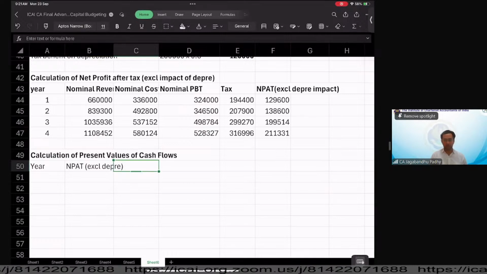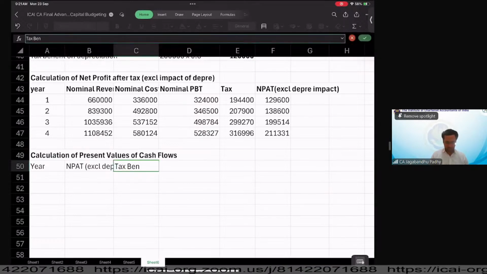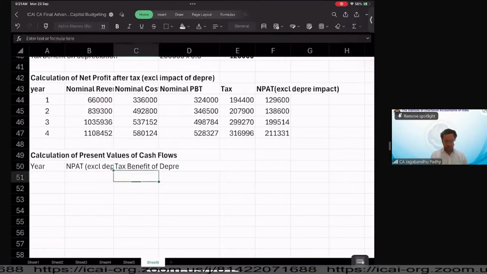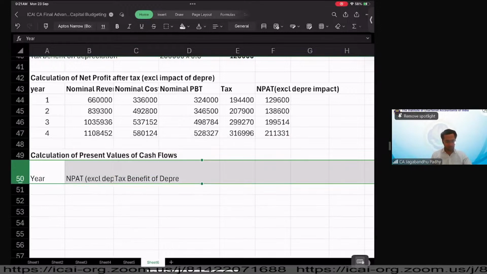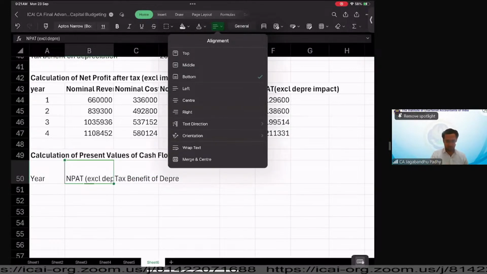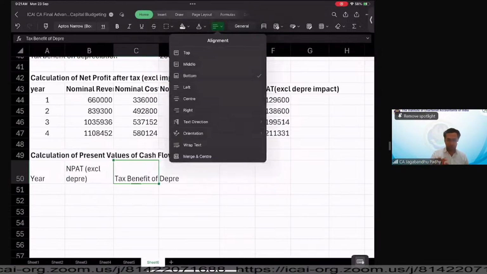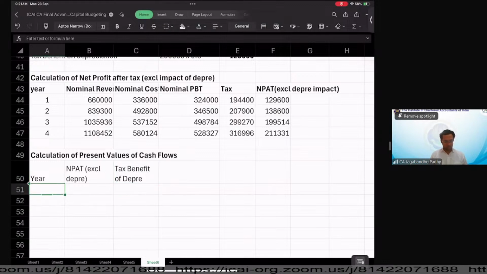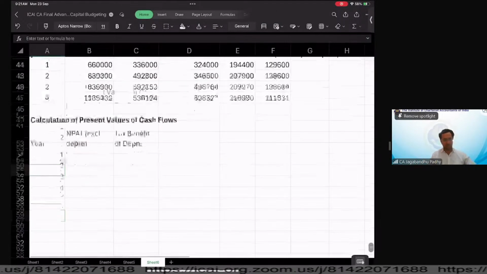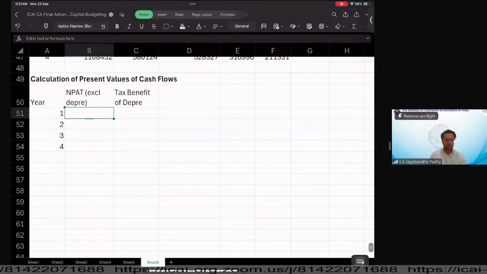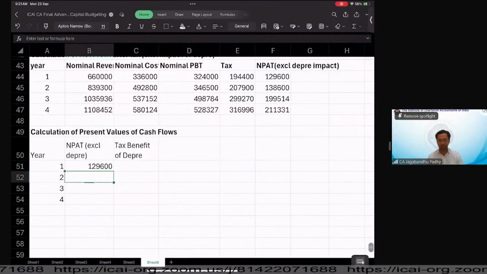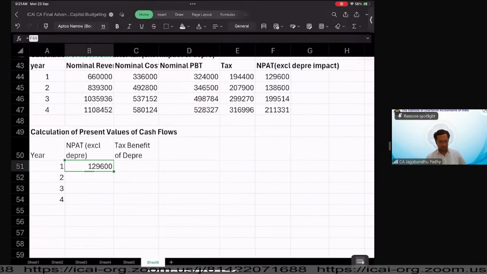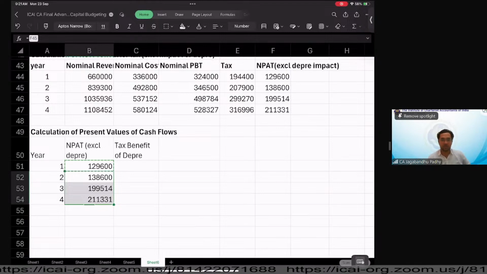Okay, and then we have the tax benefit of depreciation. So we have year 1, 2, 3, 4, the respective 4 years. We have the net profit after tax excluding depreciation already computed by us. It is 129,600 over here, and the respective subsequent numbers.